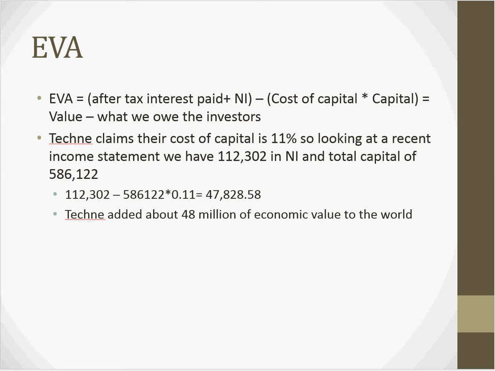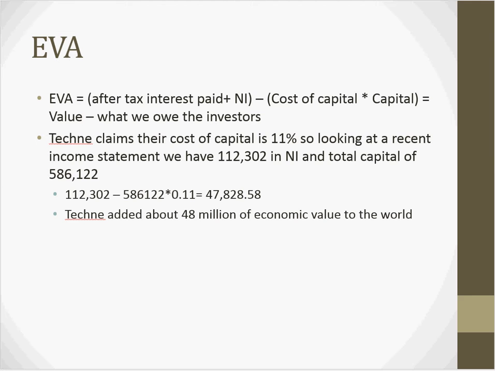So if we look at Techne as an example, Techne has an 11% cost of capital, according to their investor materials. So an 11% cost means we can look at the total capital of Techne, which is the value of stockholders' equity plus the value of debt.